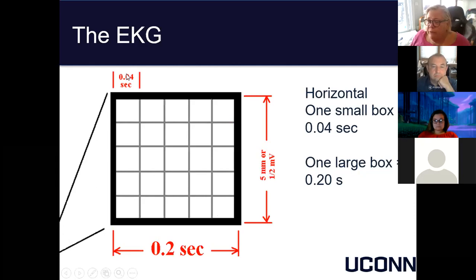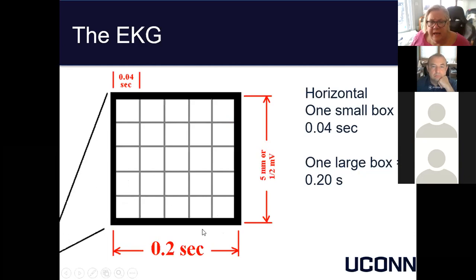So 0.04 times 5, you end up with 0.2 seconds. Horizontally, you're measuring time. Vertically, you're measuring volts, or electricity, if you will.